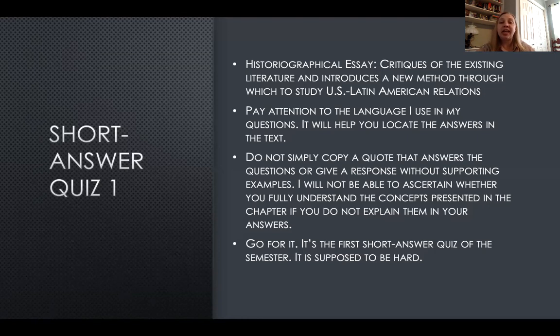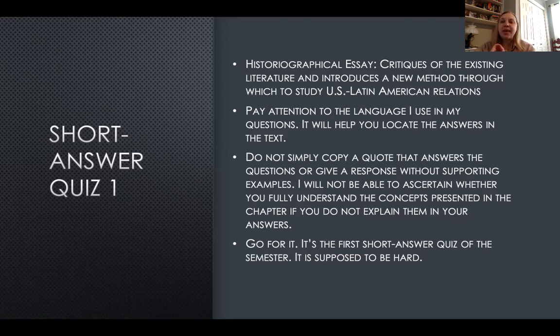It is actually a historiographical essay which critiques existing literature on U.S.-Latin American relations, and it introduces a new method with which to study U.S.-Latin American relations. So be sure that you can pick out what that new method is, okay? We're going to talk more about it once I've had a chance to grade your short answer quizzes. But make sure you can pick that out.